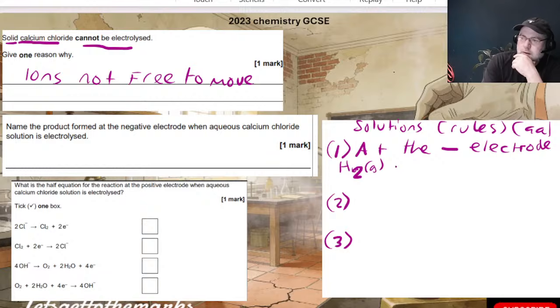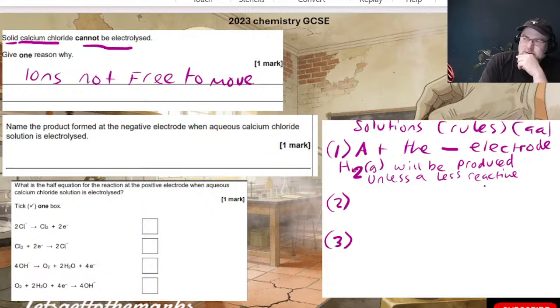H2 will be produced. Whenever you have a solution, hydrogen will be produced unless a less reactive metal is present. Then it's going to be the less reactive metal.